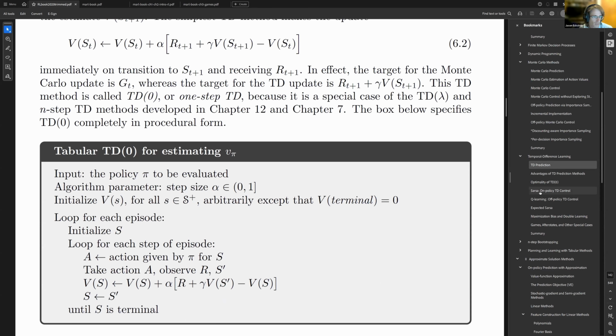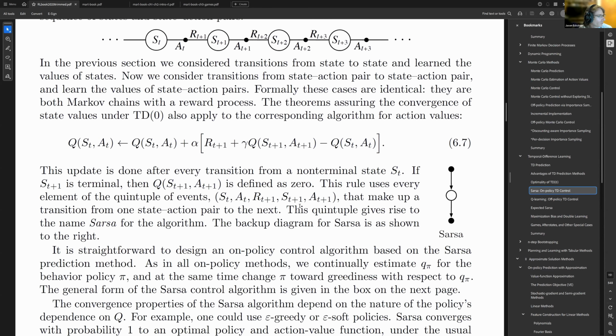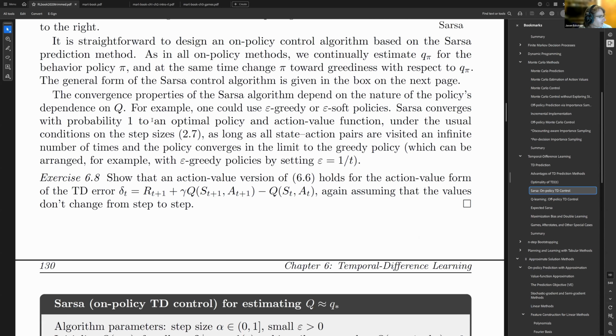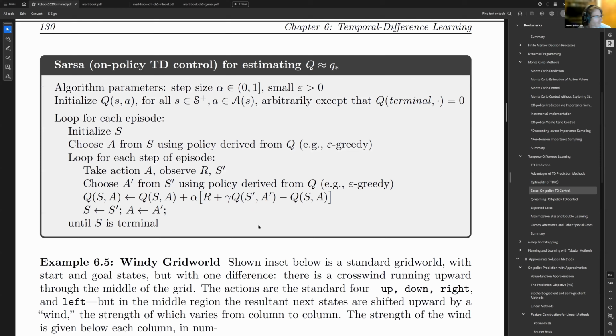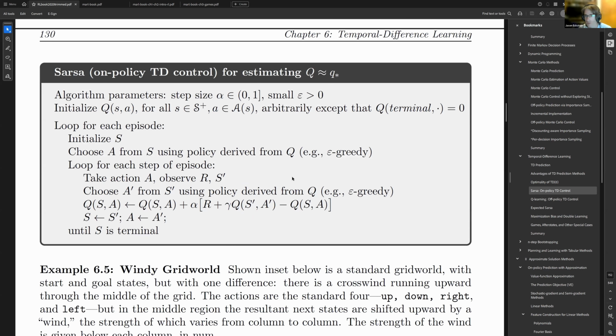To turn it into a policy control problem, you would use Sarsa, where you're learning the Q values, not the state values. So I'm not sure which one you did. If you did it with state values, then that's a little bit different because that requires using the full distribution of the opponent's outcomes versus just sampling. But this would be the most common way to use TD sampling with a control problem.